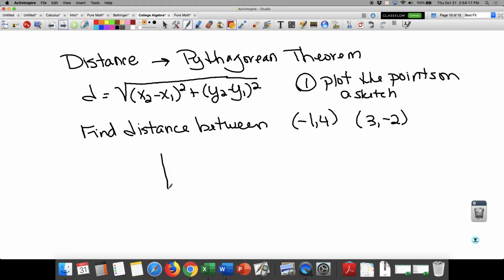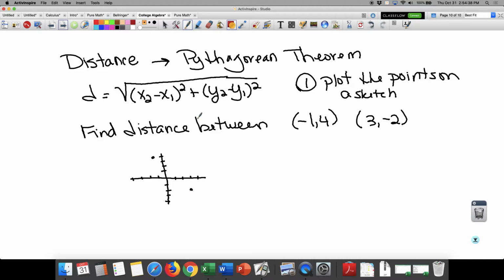So I'm just going to sketch a little graph, and put some little tick marks here. Doesn't have to be perfect. And I'm going to put a point at -1, 4. And I'm going to put a point at 3, -2.